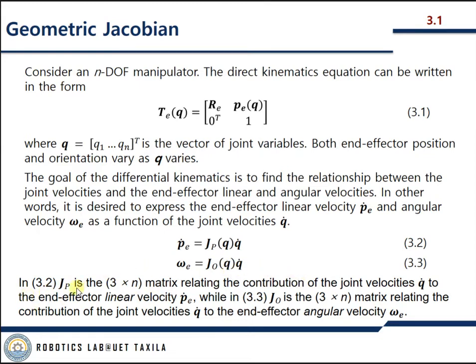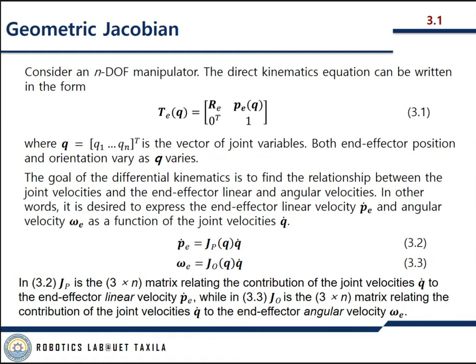In this equation, J_P is a 3 cross n matrix relating the contribution of the joint velocities q dot to the end effector linear velocity p dot e, while in 3.3, J_O is again a 3 cross n matrix relating the contribution of the joint velocities q dot to the end effector angular velocity omega e.